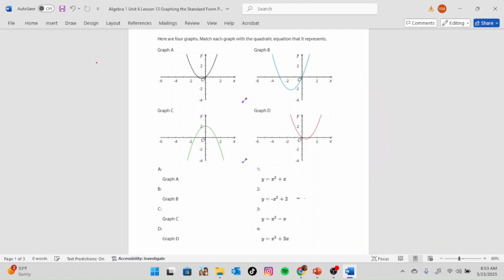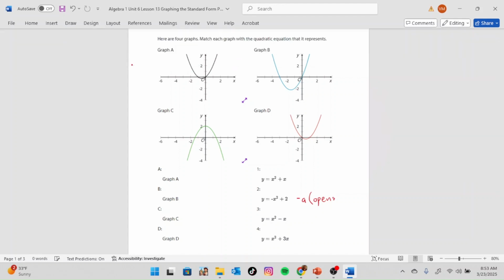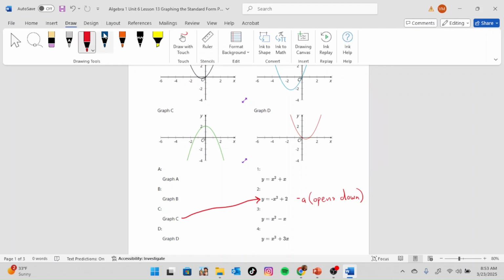So the negative A means that it opens down. So that tells me that graph C matches equation number 2. So that takes care of one of our choices.